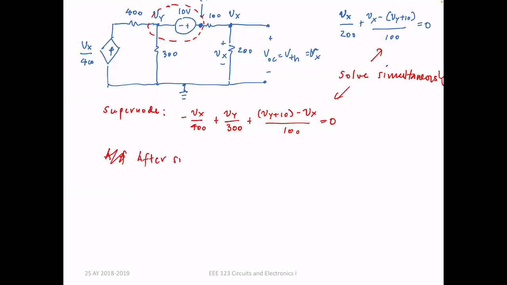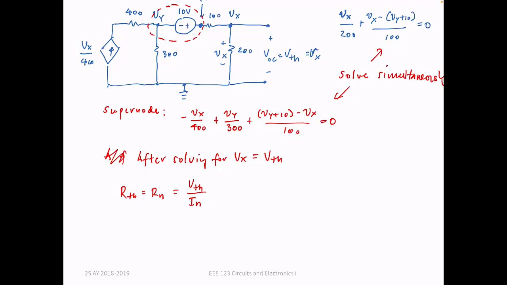solving for V of x, which is equal to VTH, then my RTH, which is equal to R of n, which is also equal to my Norton resistance, that is just equal to VTH over I of n. So I'm going to get now my Norton equivalent.